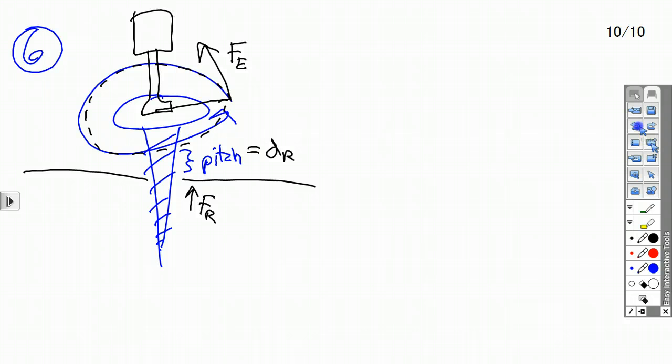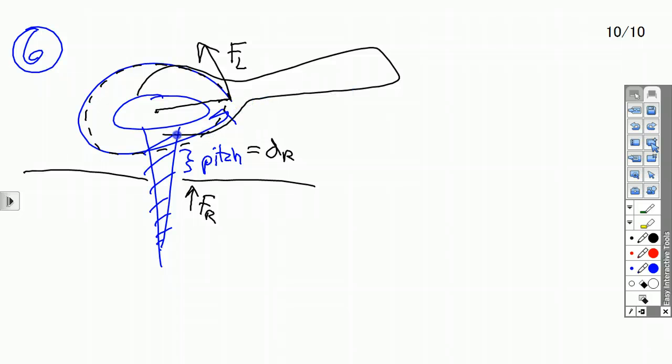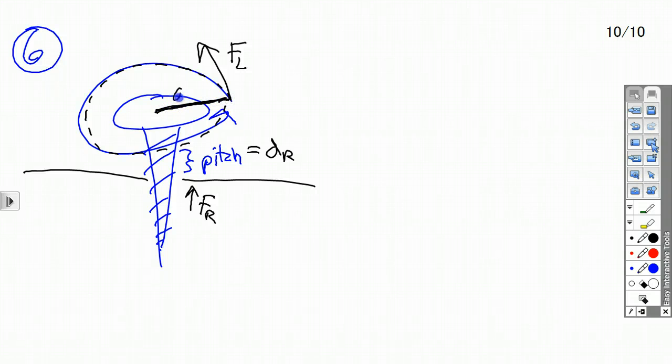Or if you're looking at a wrench that's coming in here, and the wrench is on a squared off bolt or whatever it is. Now this is your effort distance, that radius. Again, whatever you're looking at, whatever way you're thinking about it, whatever lever arm you have at that point, that's your dE. Whether it be a screwdriver or a wrench or whatever, that's your effort distance, wherever that force is applied. Effort force is applied.